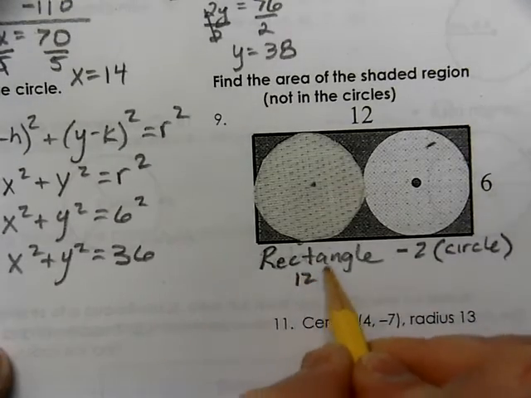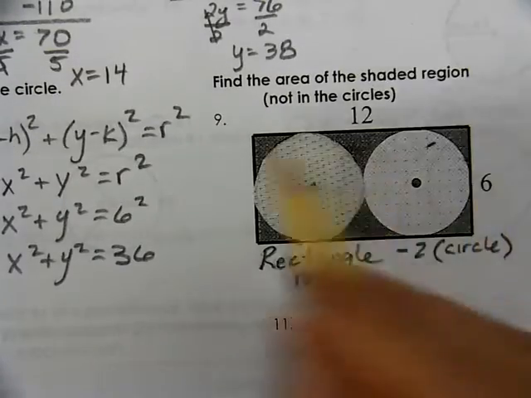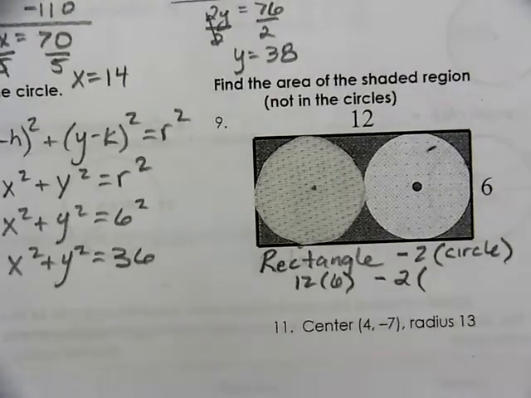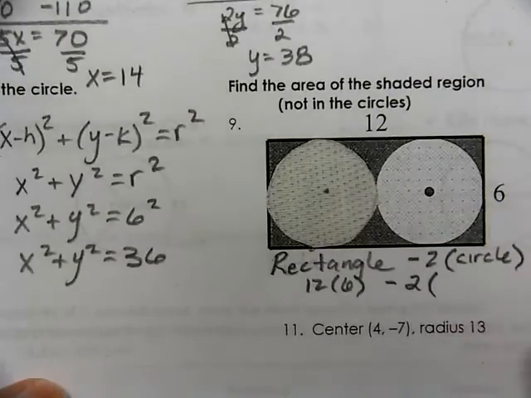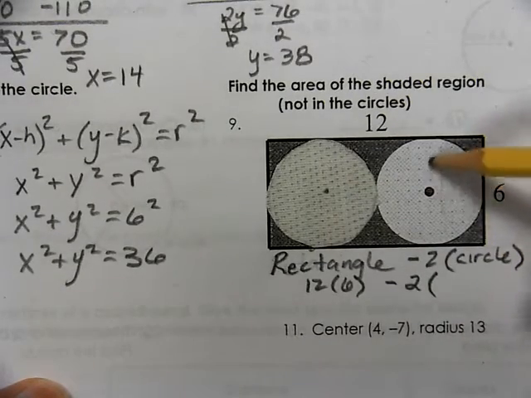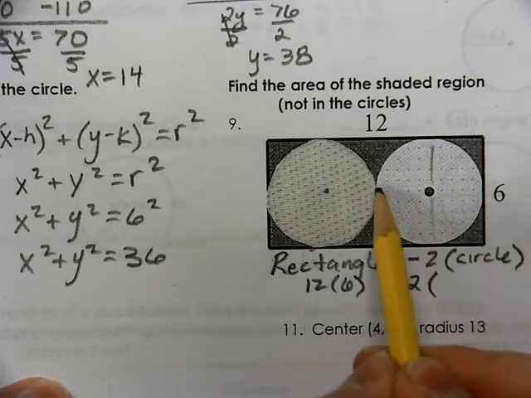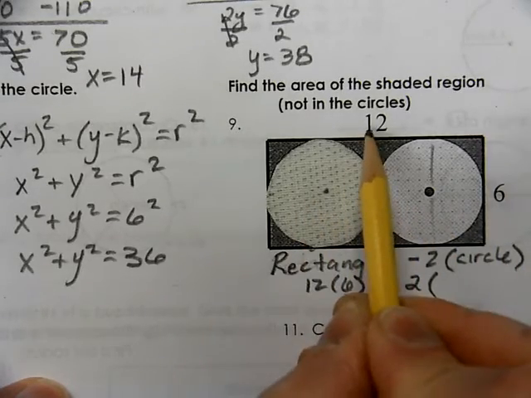So we have 12 times 6, that's the rectangle area. We have 2 circles, and they both have a height that is half of the 6. So that's got to be 3. 3, 6, 9, 12. That makes the 12.